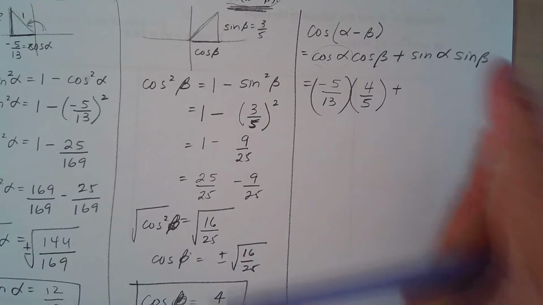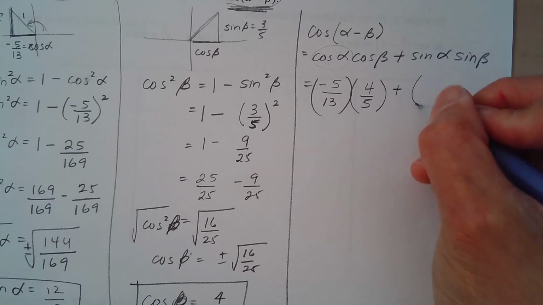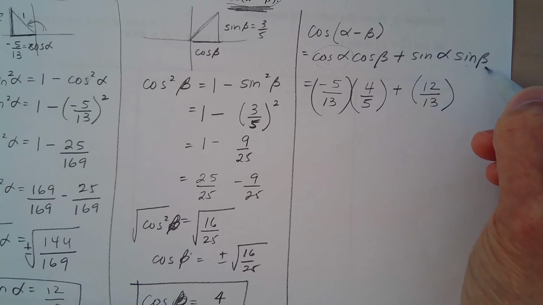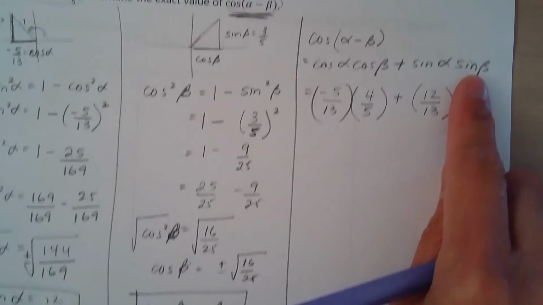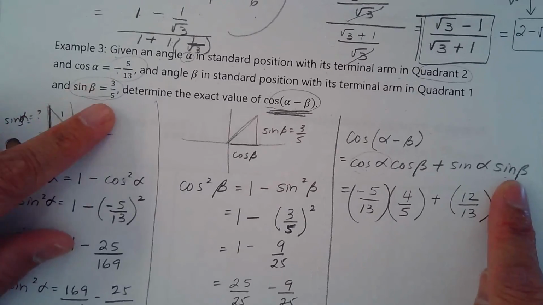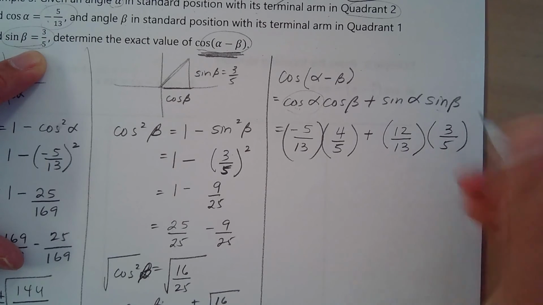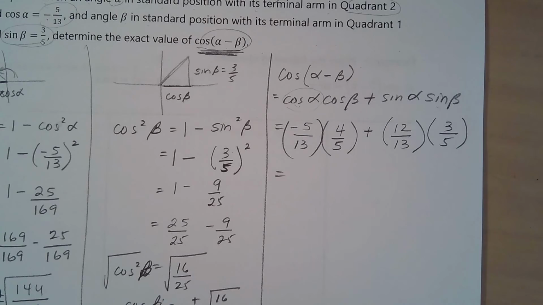Plus, what do I put for sine alpha? It's going to be 12 over 13. And what do I put for sine beta? Sine beta, that's the one that's given, 3 over 5. So let's see if we can clean it up a bit.